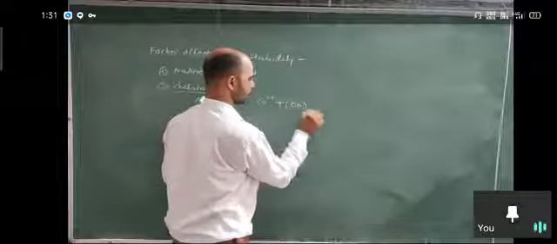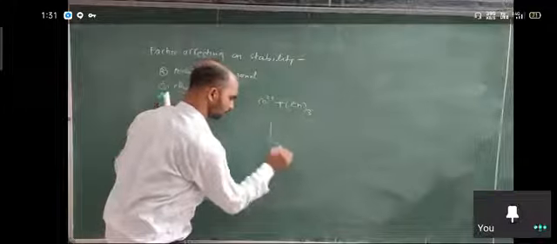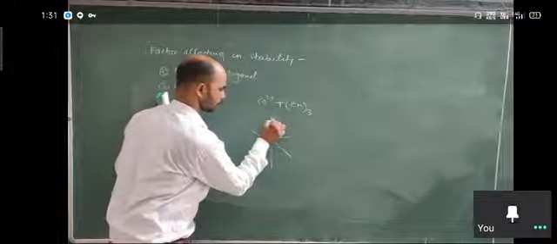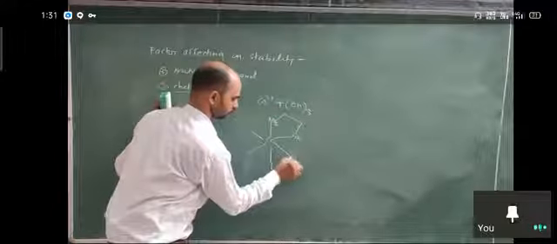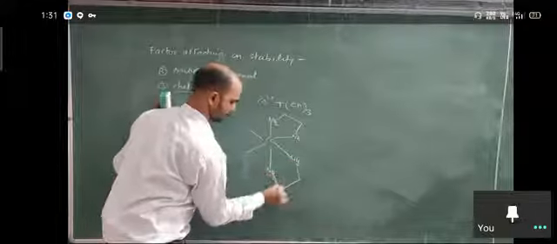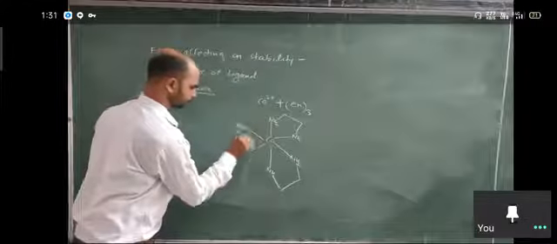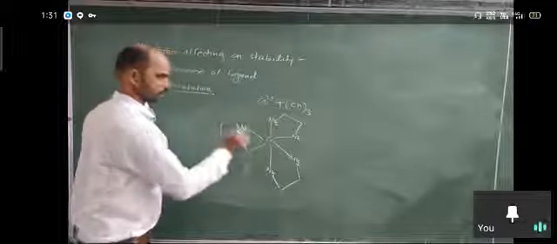How many ethylene diamine? 3 ethylene diamine. So here what happened? This is the octahedral complex. Ethylene diamine means NH2. Ethylene diamine. Okay.